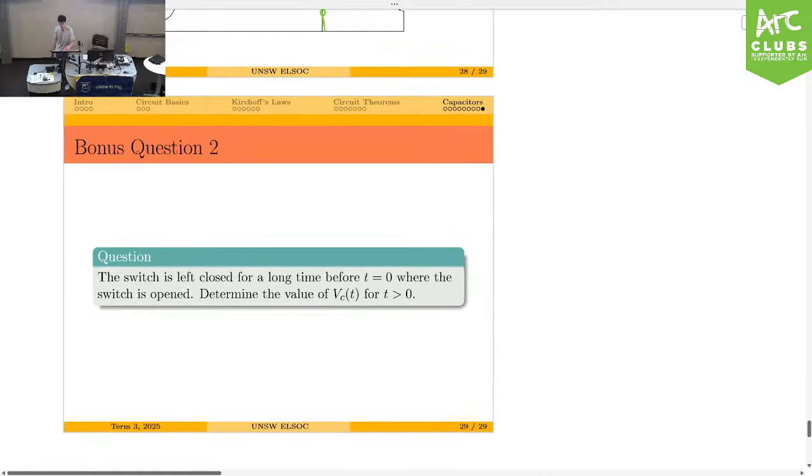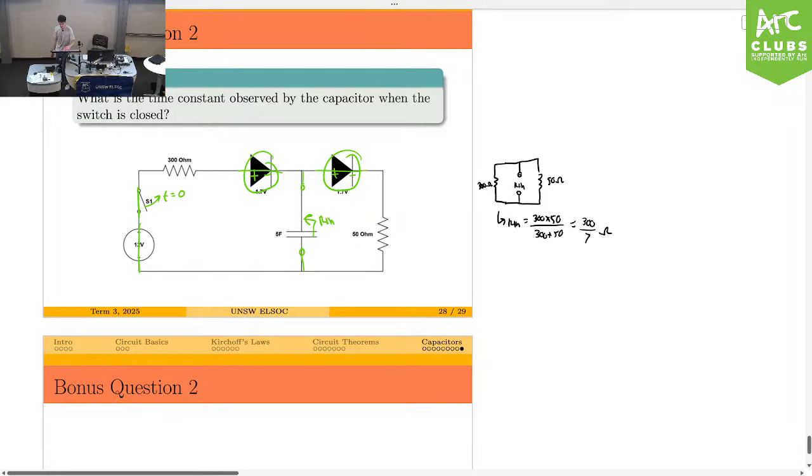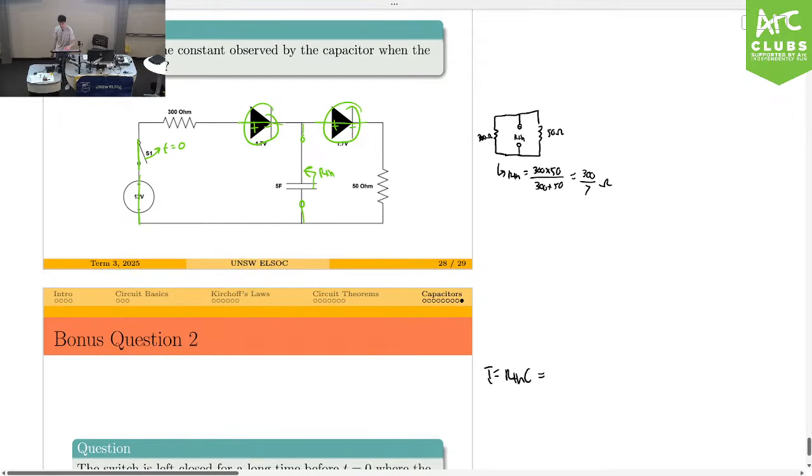All right, so now for VC. We already found RTH, so I can already give you tau. Tau is going to be RTH times C. What's C? C is 5. Okay, that's interesting. Also, it's good to have a bit of intuition about your values. 5 farads for a capacitor is very, very high. If you were working in your labs, most of the capacitors you're working with are what?